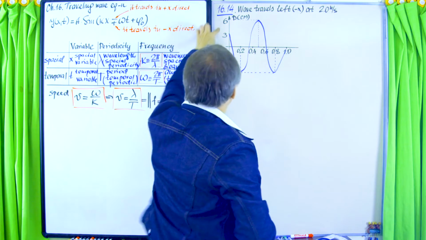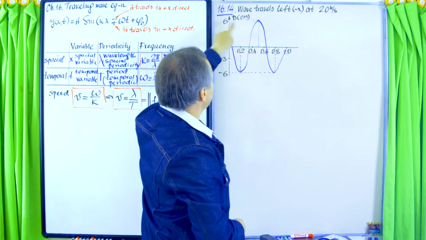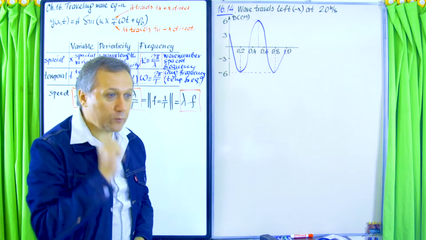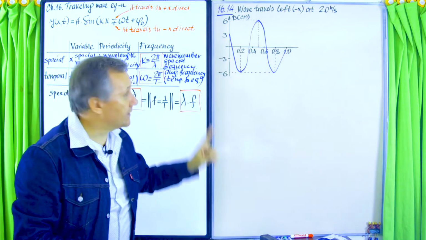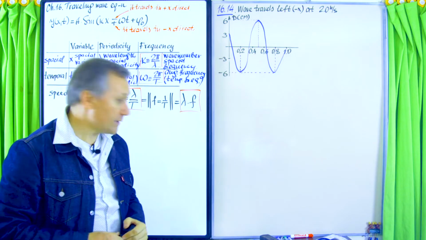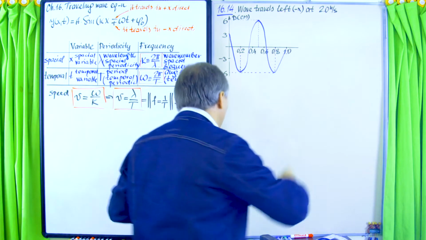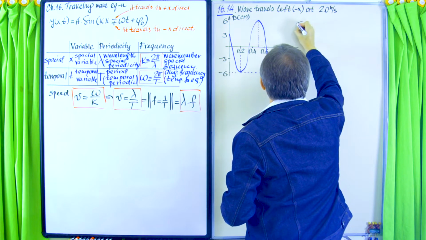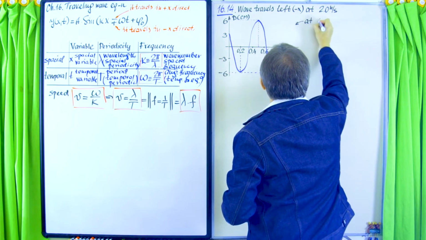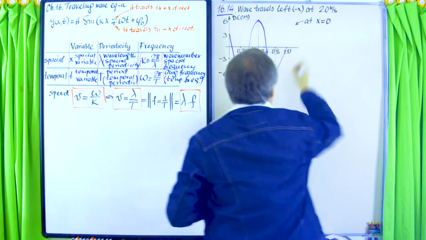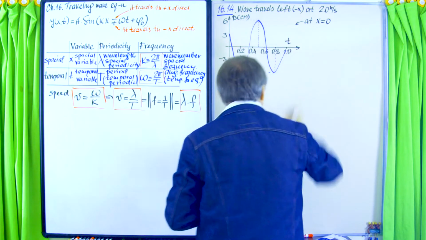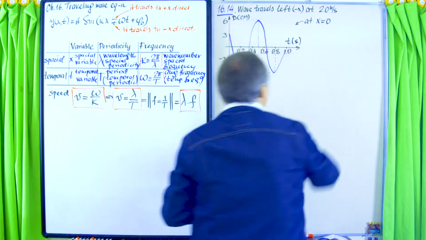And so we have the maximum displacement, 6 centimeters. And then we have this periodic motion. And we also know that this was recorded at the origin, so it was recorded at x equals 0. And I forgot to write, this is time in units of seconds.